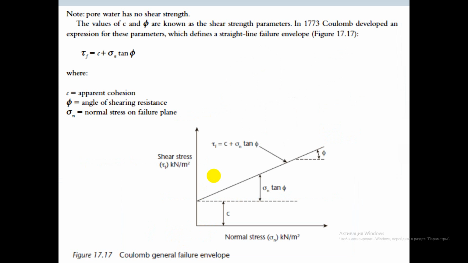The values of cohesion and friction are known as the shear strength parameters. In 1773, Coulomb developed an expression for these parameters, which defines a straight line failure envelope.